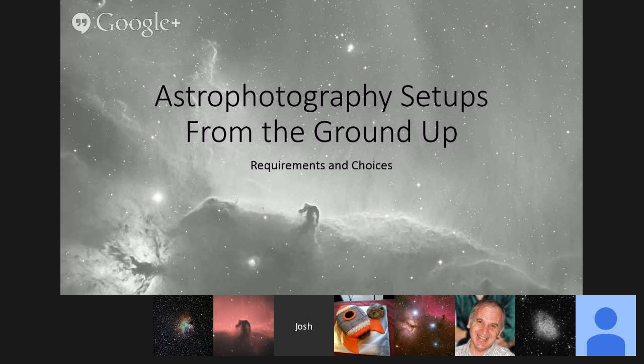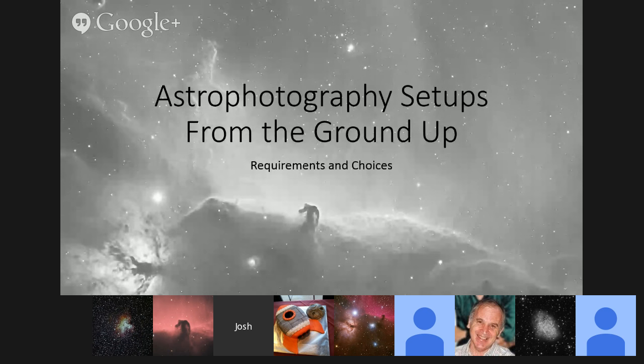So what we're going to do tonight is just try to briefly touch on almost everything you need, and as much as possible we'll give some examples of each type of gear or equipment or software that you might need. And then hopefully we'll have enough questions that we can sort of pause after we go over each type of gear. So I'll get started here.